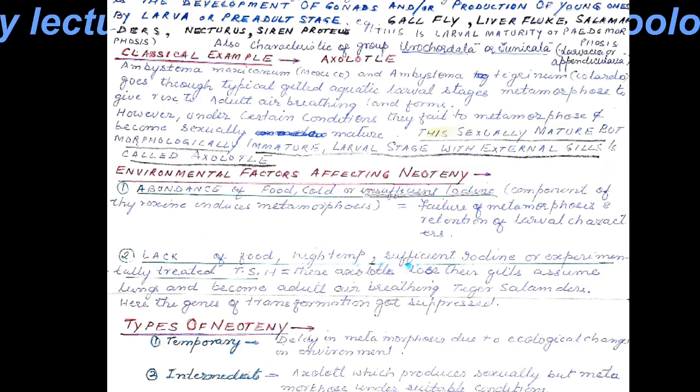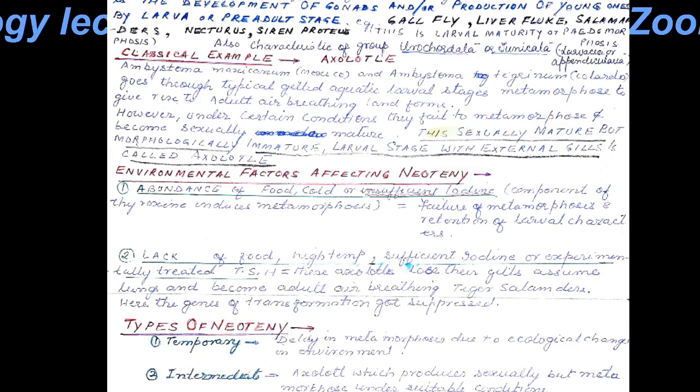Another set of conditions is lack of food, very high temperature, sufficient iodine, or they may be experimentally treated with thyroid stimulating hormone. These axolotl larvae lose their gills and assume lungs and become adult air breathing tiger salamanders.